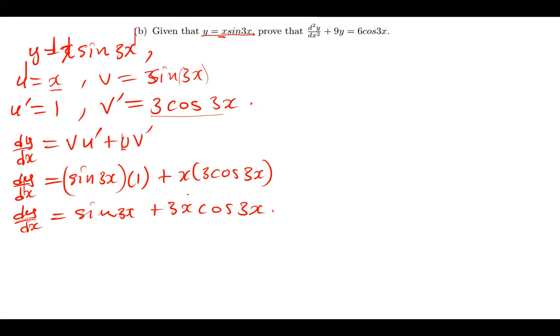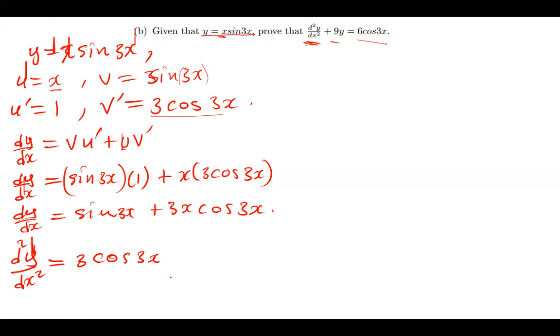Let us also find the second derivative of this function so that we can replace it there. We've been told to prove that this plus that should give us 6 cos 3x. Since you know how to use the product rule, I'll just do it directly. d2y dx2 is equal to: when you differentiate sine 3x, you get 3 cos 3x.